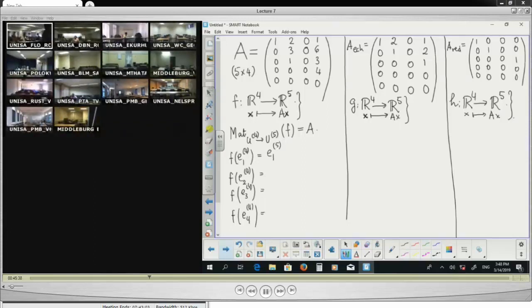And E2, that's its coordinates here. Well, you immediately know E3 goes to 0. And E4 goes to this one.